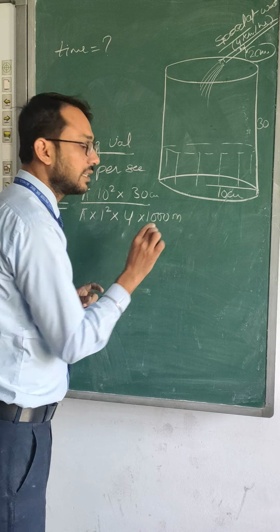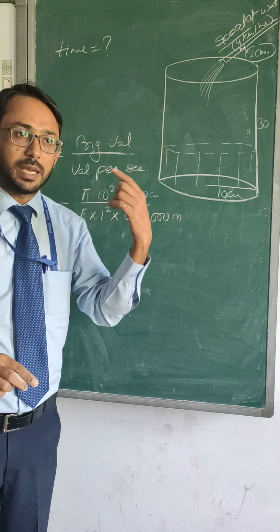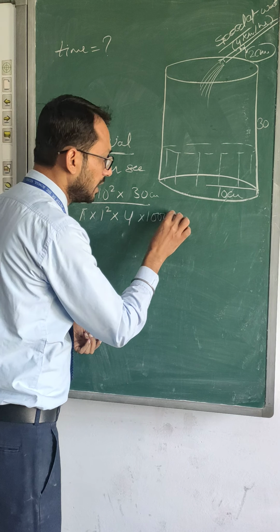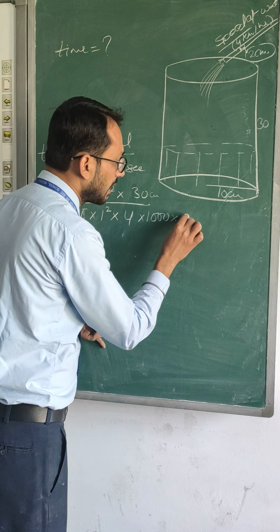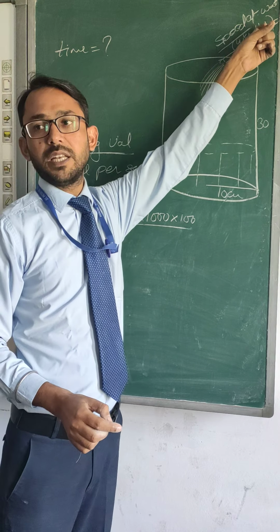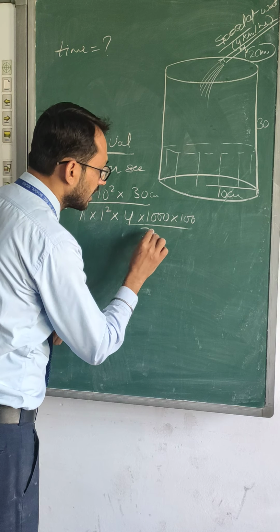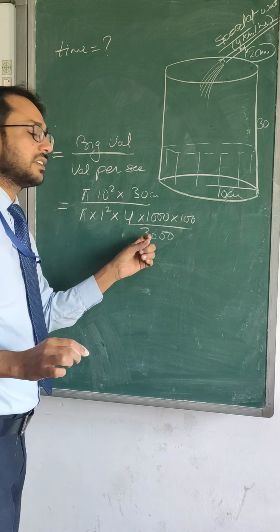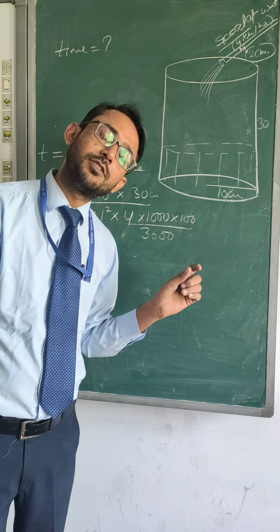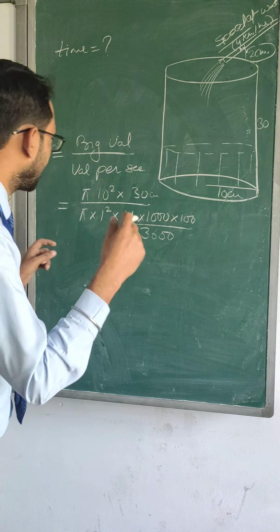Right now it is in meter, and the units are not the same, so I am converting meter to centimeter by multiplying by 100. Upon hours, we need to convert into seconds, so 3600. Dividing by 60 converts it into minutes, and again dividing by 60 makes it seconds.